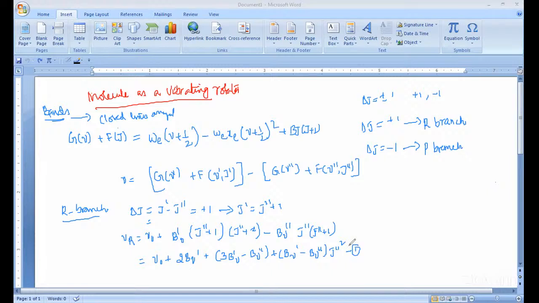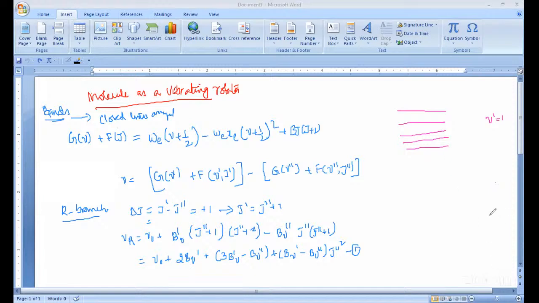As it is written in your book here. If you see the transitions, for nu dash equals 1 there may be rotational levels 0, 1, 2, 3, 4, 5.